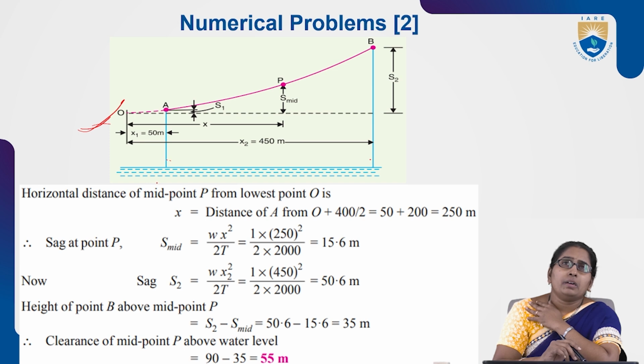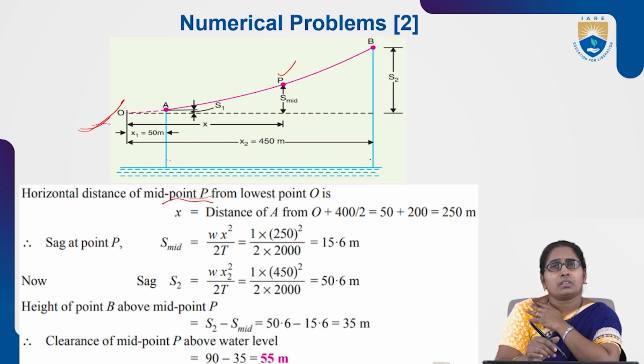Now we want to calculate the clearance at the midpoint. In the same manner as before, let P be the midpoint, at a distance of x meters from the lowest point of the conductor.